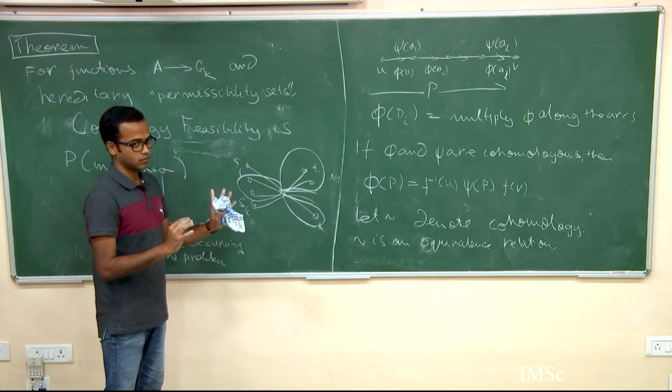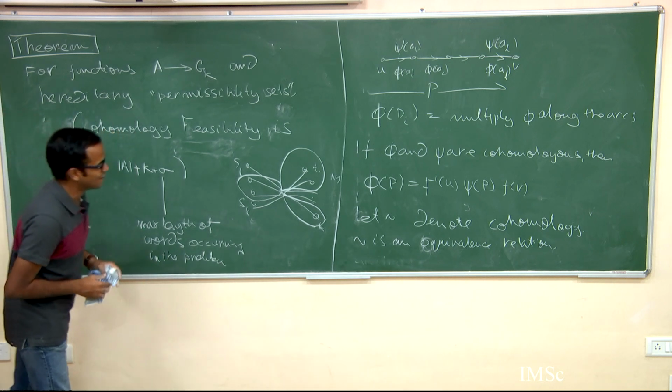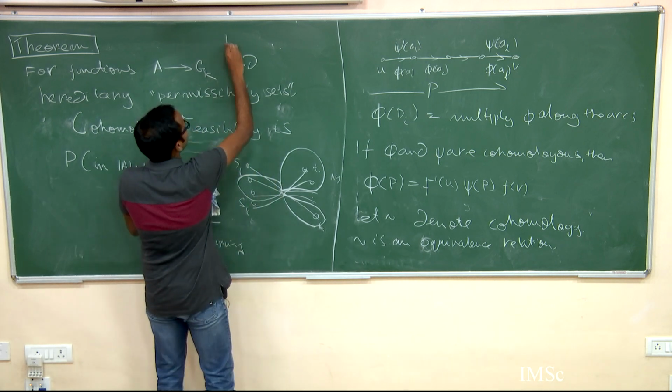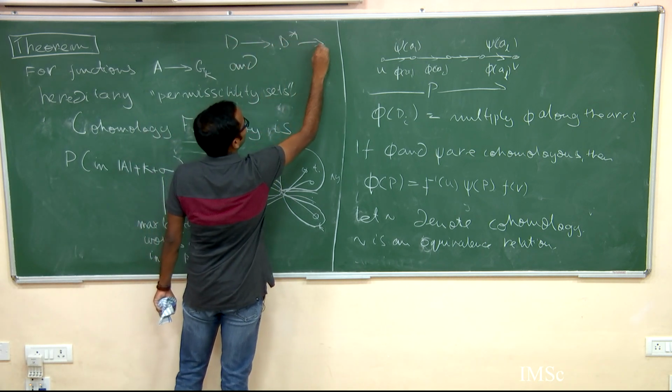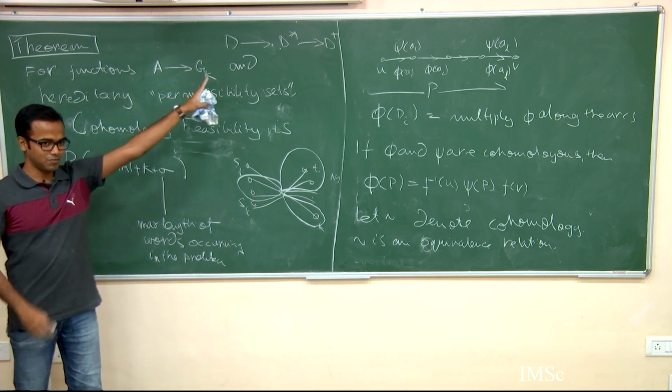I know it's not precise now. The place where we use planarity is going from D to D star and from that to D plus, which is an augmentation. That will be planar.